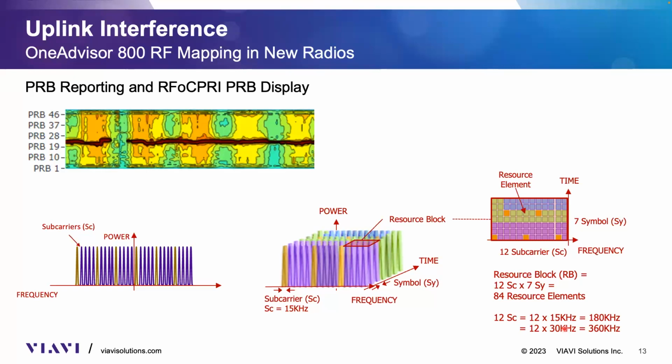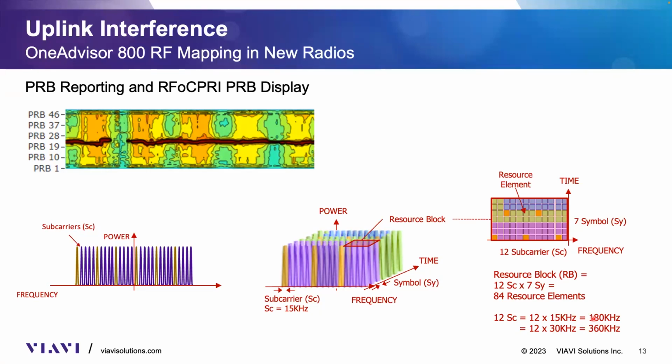What that really means is that if we get a report that says we have a problem on a certain PRB, the width of that physical resource block can be either 180 kilohertz or 360 kilohertz.